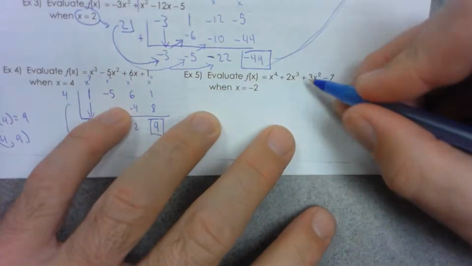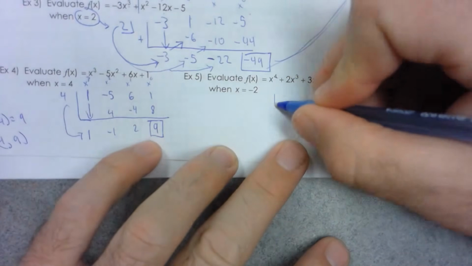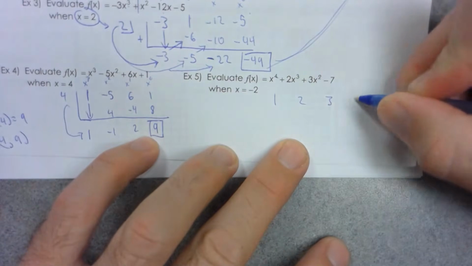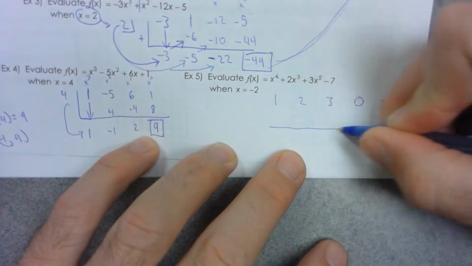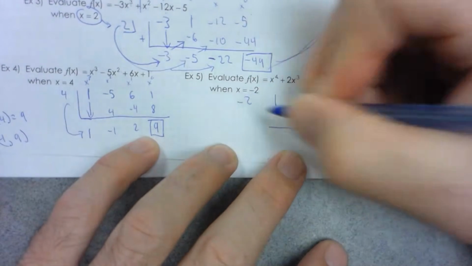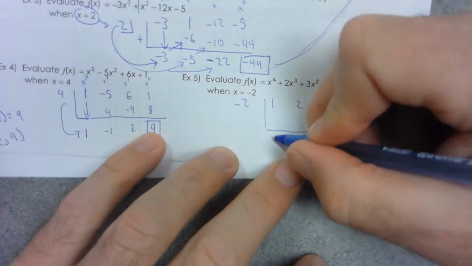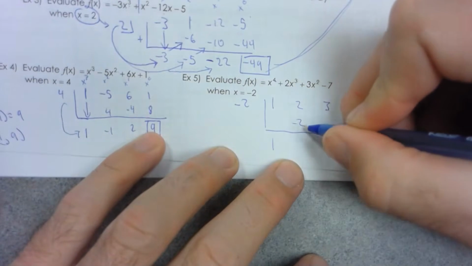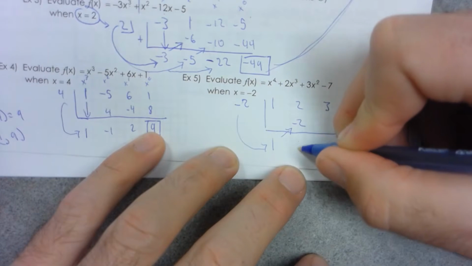Same thing here. Pause it, try it. Coefficients 1, 2, 3. We're missing the x to the first, so we have to add in that 0. Add down, multiply around. Negative 2 times 1 is negative 2. Plus 2 is 0.